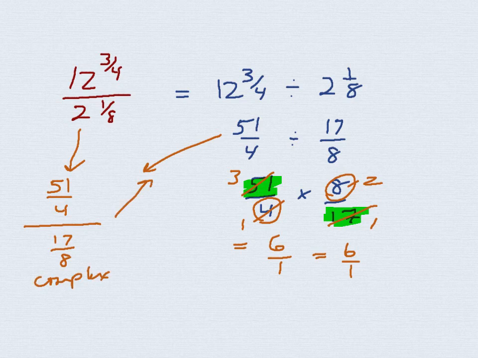But if you treat the line in the middle as a division, you can simply write it out as a linear expression. 51 over 4 divided by 17 over 8. Take the second fraction, invert it, or take what's called the reciprocal, and you'll be good to go. You'll never get it wrong. This is the reciprocal. You flip it over. But you can only flip it over if it's an improper fraction.